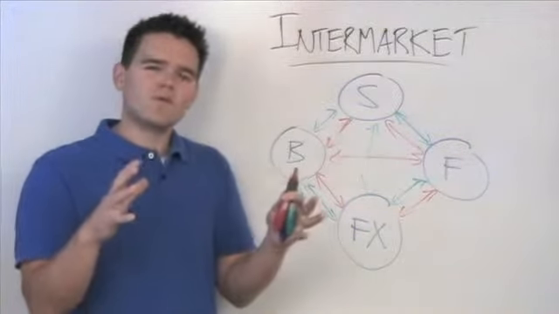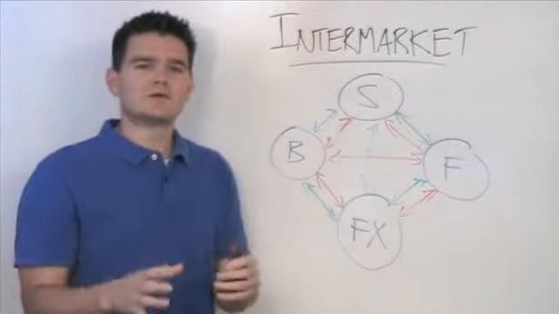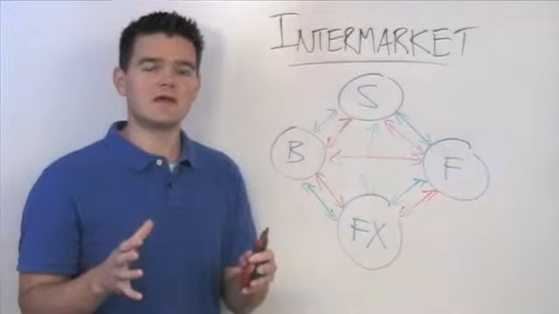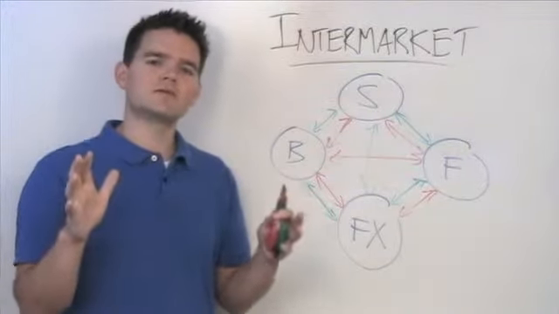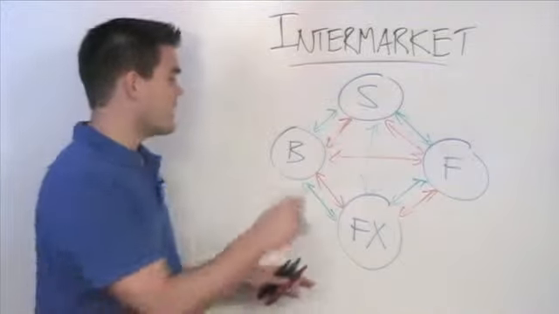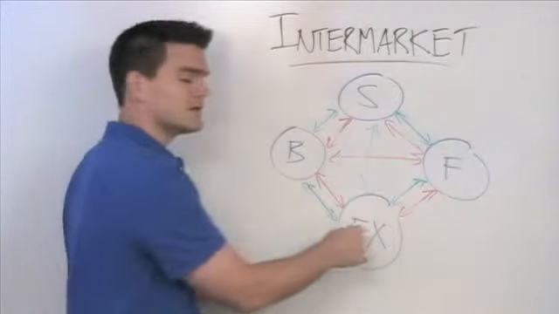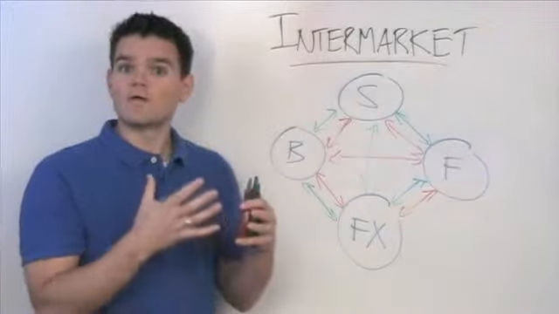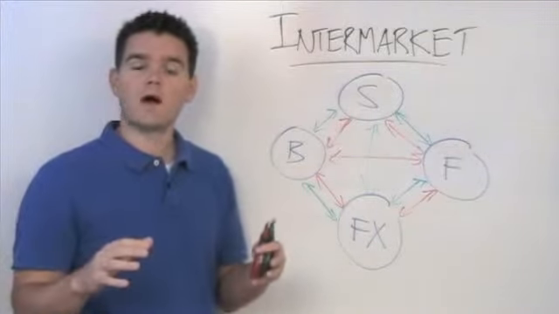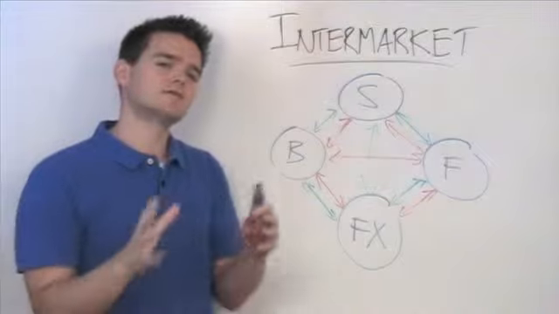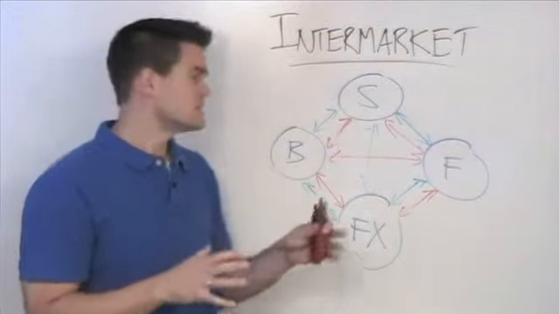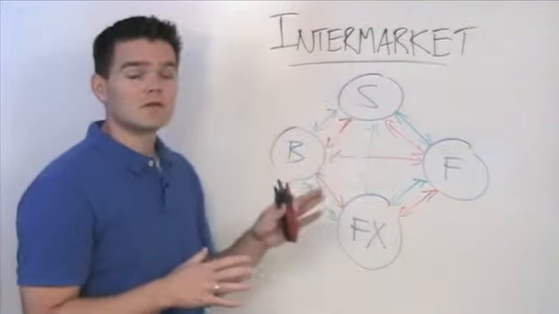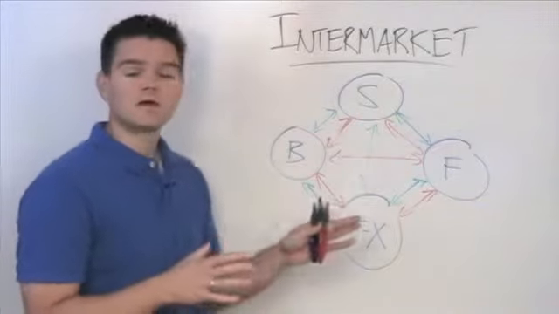And so really what you need to do as an investor is you don't have to know everything about everything, but you should be aware of the general trends that are happening in each one of these markets, so that as you see those trends start to reverse, or if they show signs that they're going to continue for a while, you can say, okay, how is that going to impact the investing that I'm doing in the stock market or the currency market?